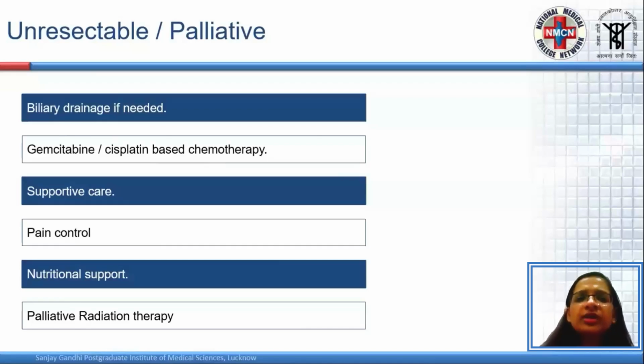If the patient's general condition is fair, we can go ahead with gemcitabine based chemotherapy if KPS allows us. Otherwise, best supportive care along with the prognosis of the disease should be discussed, and symptomatic management which includes pain control, nutrition support. Sometimes the pain is unbearable, and we can go ahead with palliative radiotherapy.